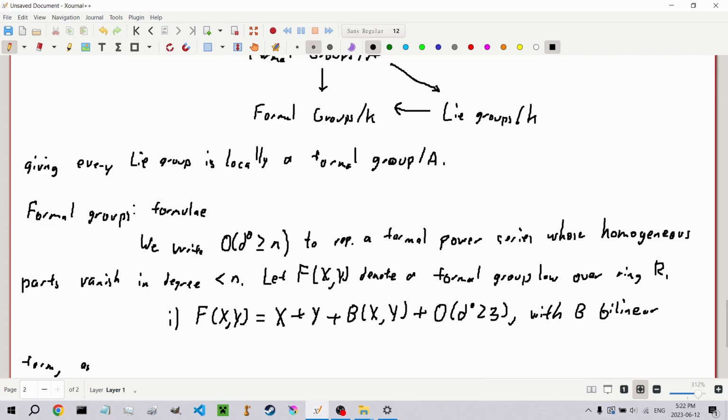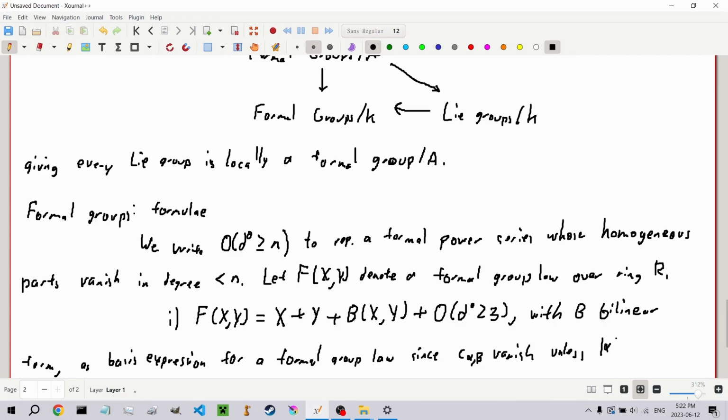This is our basic expression we saw before for a formal group law, since our coefficients C alpha beta vanish unless alpha and beta are at least 1.